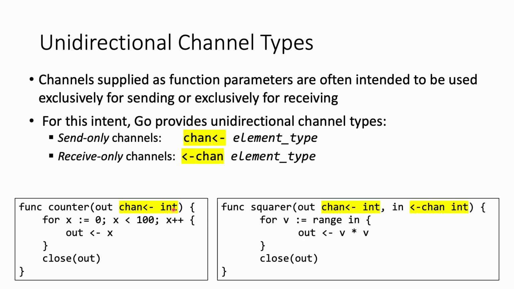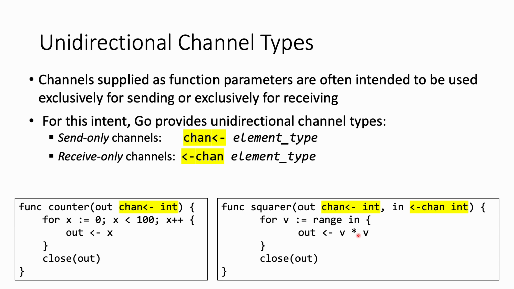As another example, consider function squarer that takes two channels as arguments. The first argument, out, is a send-only channel of int, and the second argument is a receive-only channel of int. This function receives all values from the receive-only channel until it is closed by using a range loop.